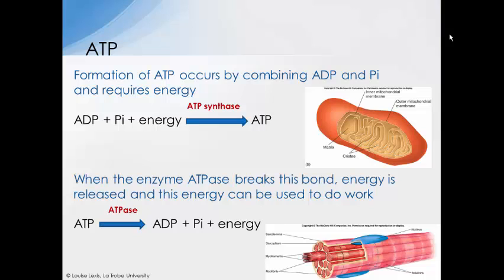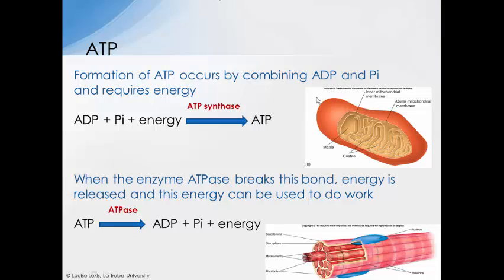When we start exercising and you've got increased skeletal muscle contraction, then the rate of that production and breakdown will increase. So the formation of ATP occurs by combining what we call adenosine diphosphate, or ADP, and inorganic phosphate.